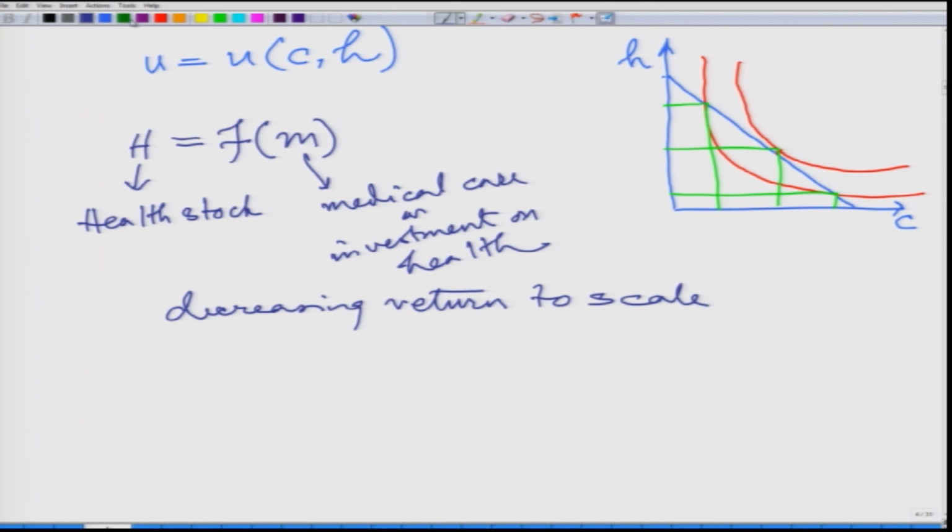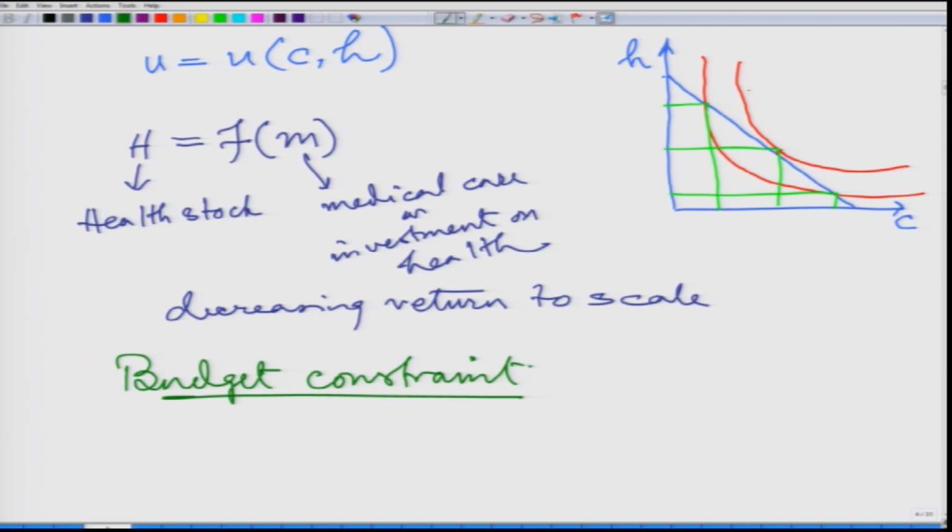Okay. Now coming to the budget constraint again. Over here we have talked about the utility and the indifference curves, but now we are talking about the budget constraint.